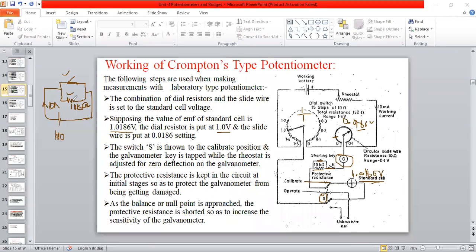Yes. I have given 3 options. Any one option you choose. All current will flow through this short circuit, or all current will flow through this 10 kilo ohm, or some current will flow through this and some through this. Any one option out of 3. Give the answer, please.